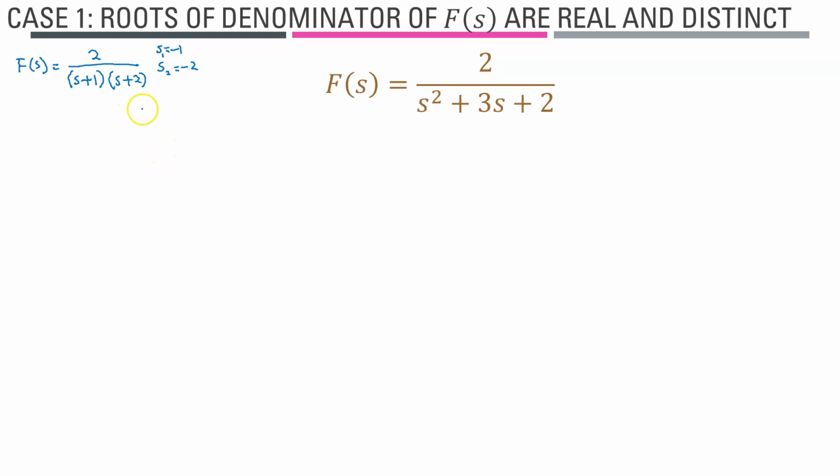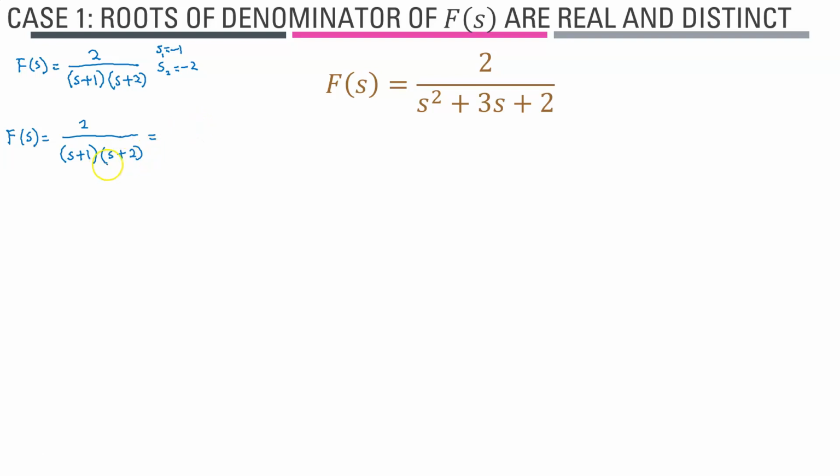When you have the roots real and distinct, the next thing to do is like this. I think you have learned this in your mathematics course as well when you studied inverse Laplace transform, so you can take this as revision.